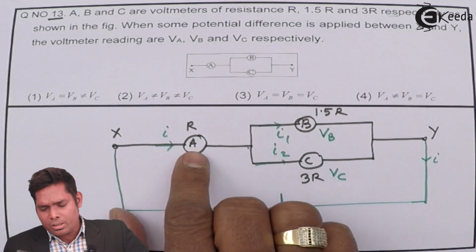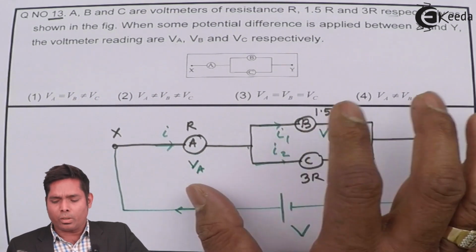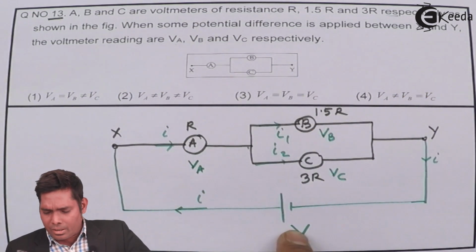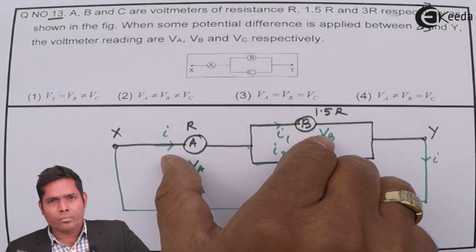Suppose that this is R and this comes out to be 2R. Then we divide the voltage in the ratio R to 2R.